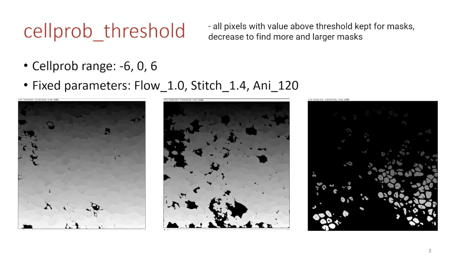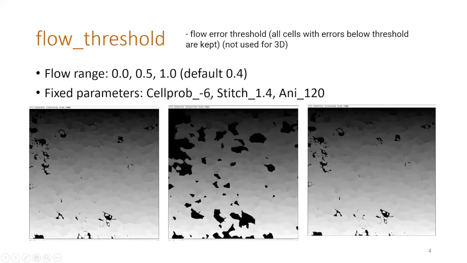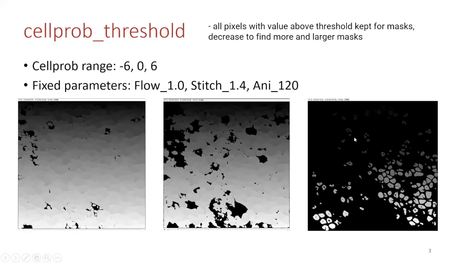I just show the range and capabilities of this parameter. All pixels with a cell prop value above the threshold are kept from the max, and the other 3 parameters stay the same for all 3 images. So we see just the dynamic.